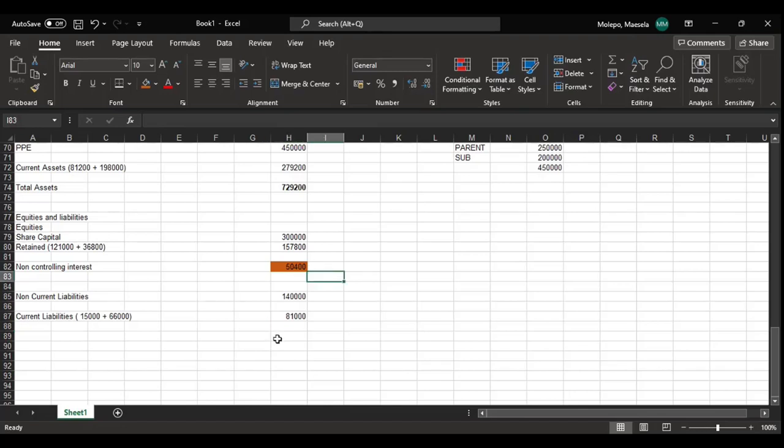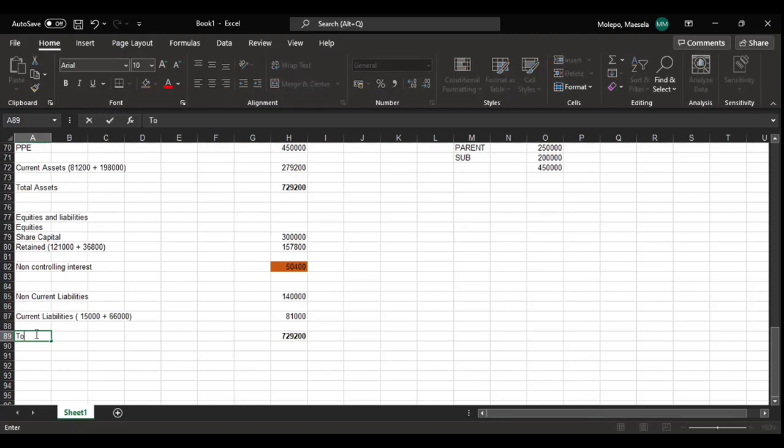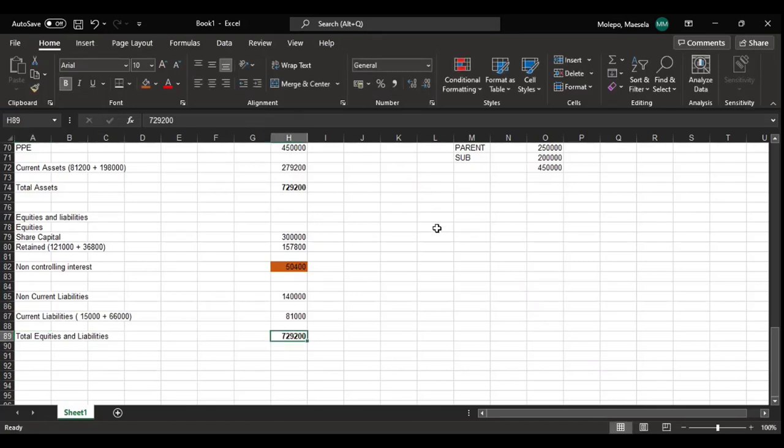Then we can balance our thingies. When we add this together, they give us 729,200. We have 729,200. So we are happy with our total equities and liabilities. Yes, sir, we are.